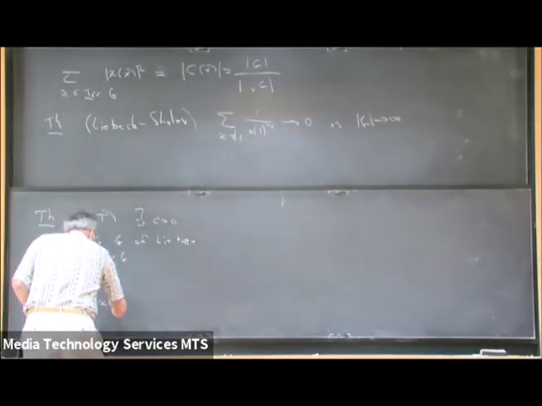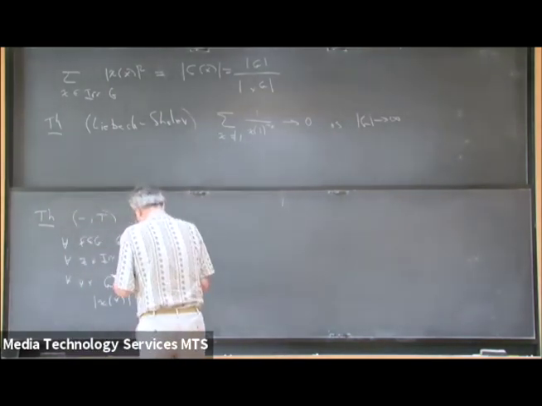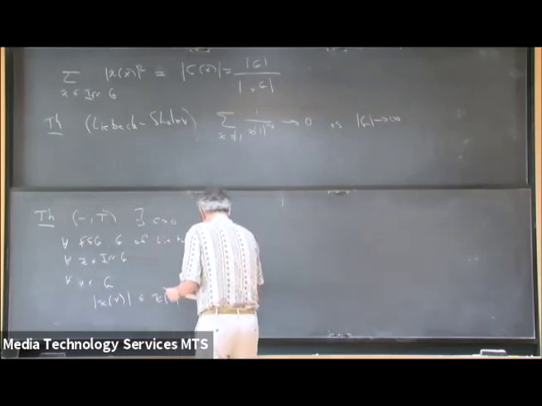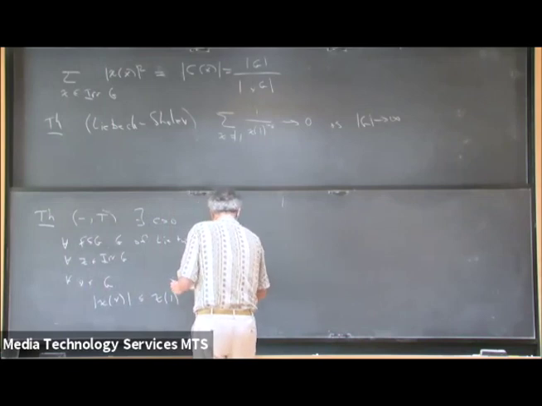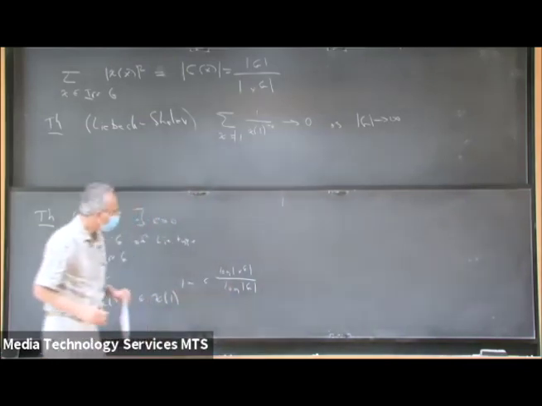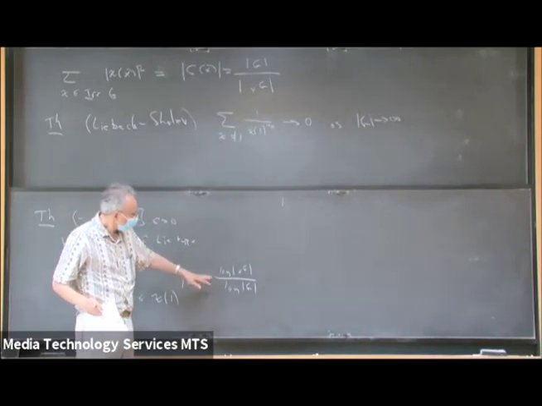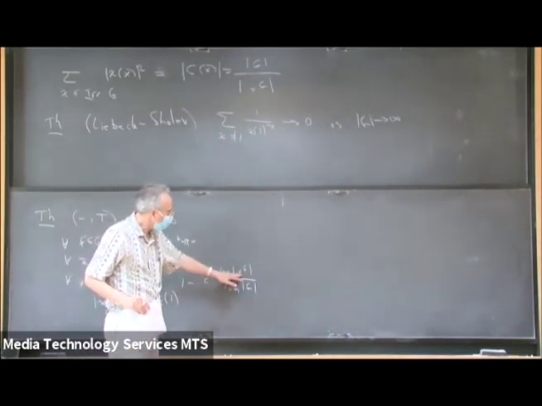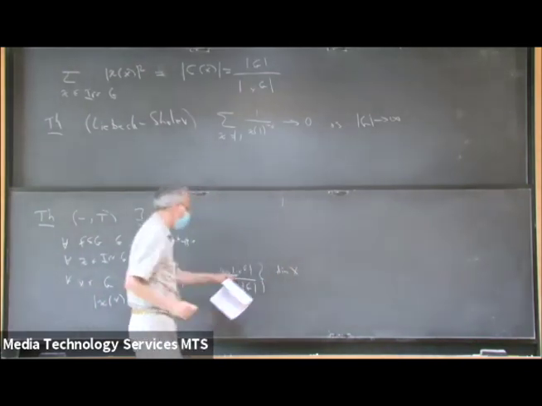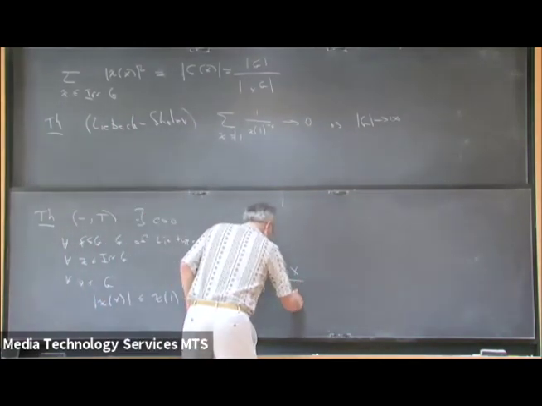The absolute value of chi of X is less than or equal to chi of 1 to a particular power alpha, which can be expressed in the following way: 1 minus this constant times the ratio of the log of this conjugacy class to the log of G. And if you think about what this ratio means, at least when Q is large, this thing over here behaves sort of like the dimension of the algebraic conjugacy class of X divided by the dimension of the algebraic group G.